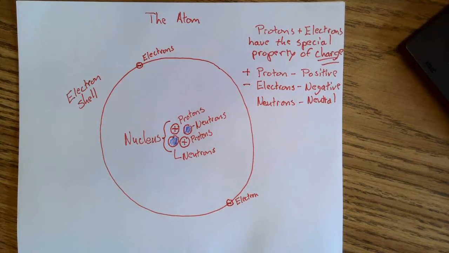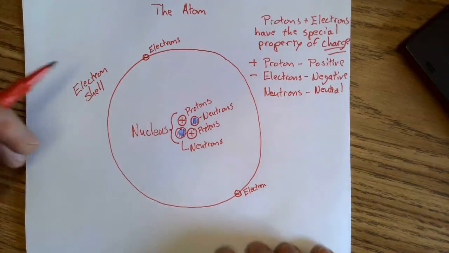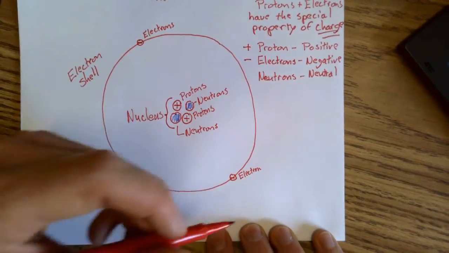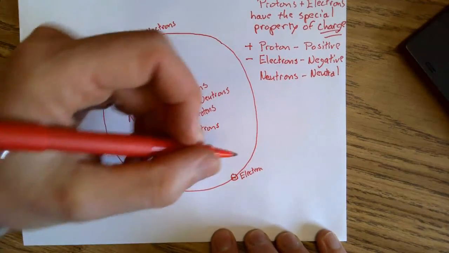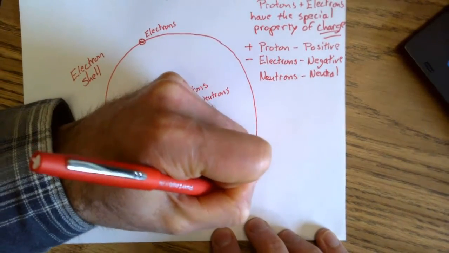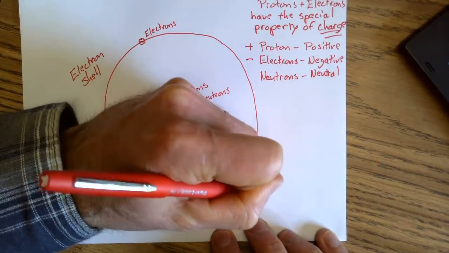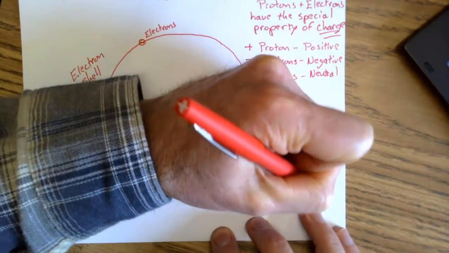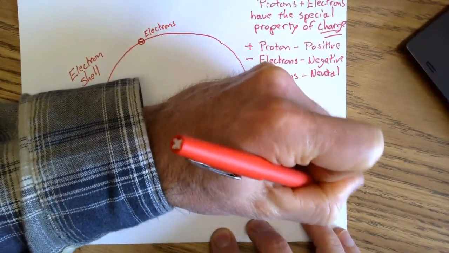Why is this important? What does this have to do with what happened yesterday, the mysterious forces? Well, check this out. If charges, let's write this down, opposite charges attract.